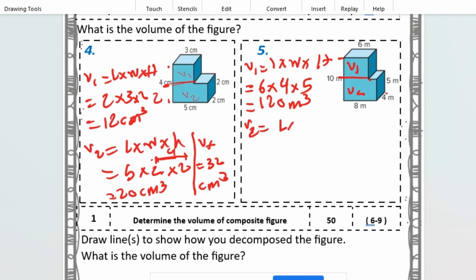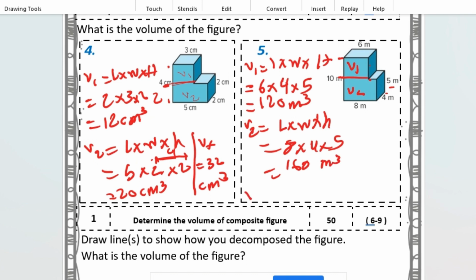Now V2 is pretty simple here. V2 is L times W times H. This will be what? 8, which is the L, 4, which is the W, and 5 here, which is the H. This will give us what? 8 times 4 is 32, times 5 is 160 meters cube.